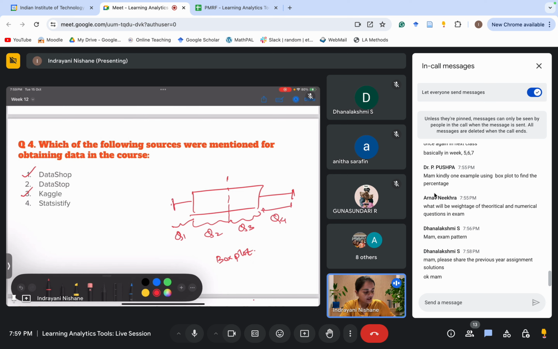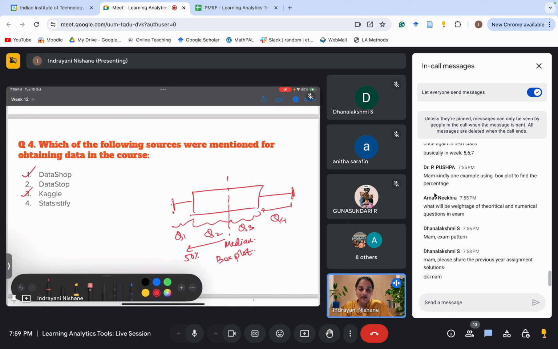We arrange the data values in ascending order, from lowest value to the highest value, and then this is the median value or the middle value.